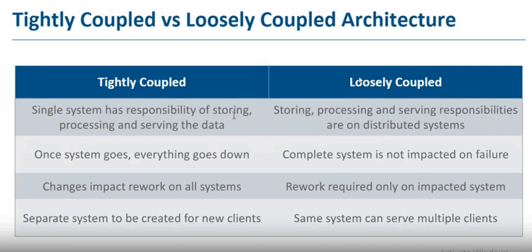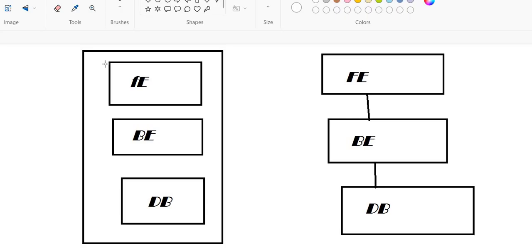And we'll see here, first, what is a tightly coupled architecture and what is a loosely coupled architecture? Tightly coupled architecture is nothing but a single system that has the responsibility of storing, processing, and serving the data. What is this storing, processing, and serving data? For example, see here, this is a tightly coupled architecture. Here, storing data is done in the database, processing data is done in the backend, and serving data is done in the front end.